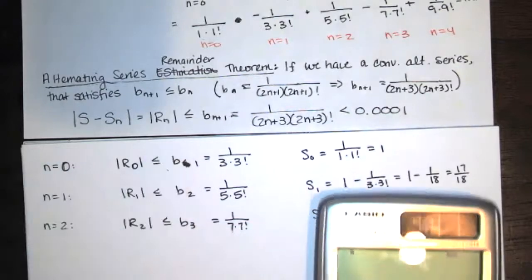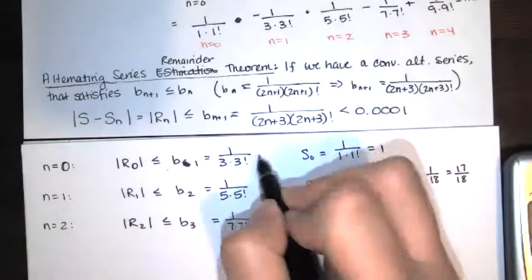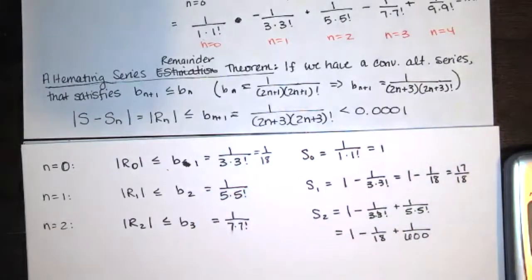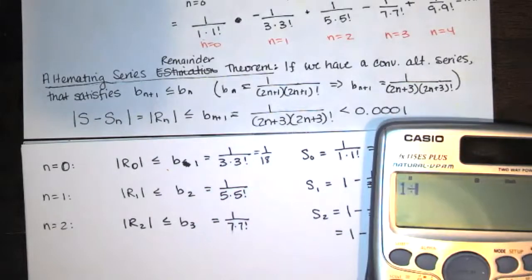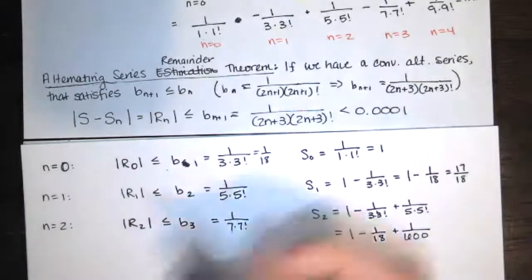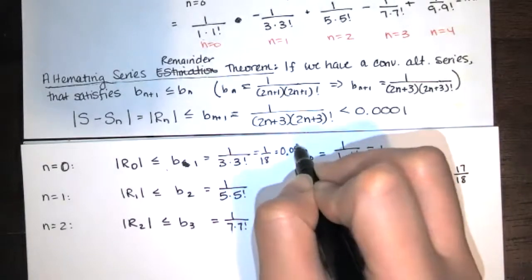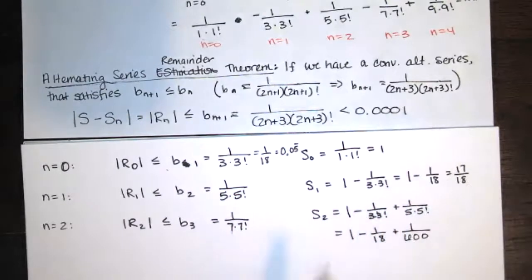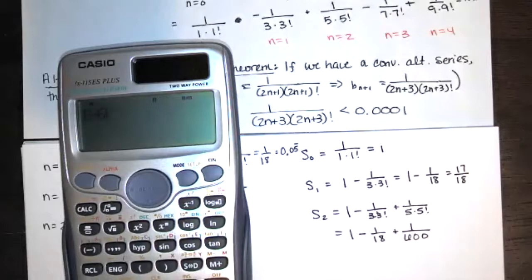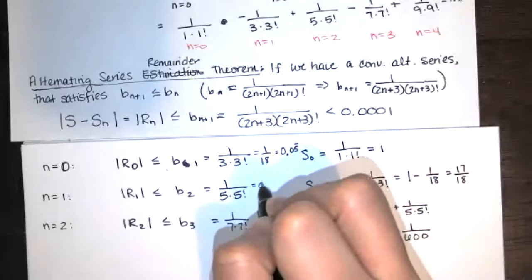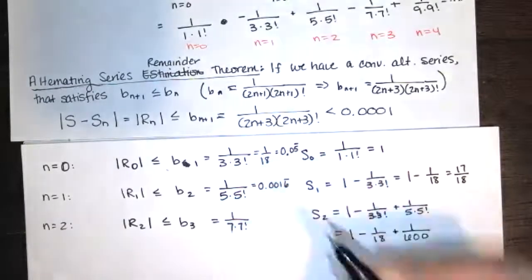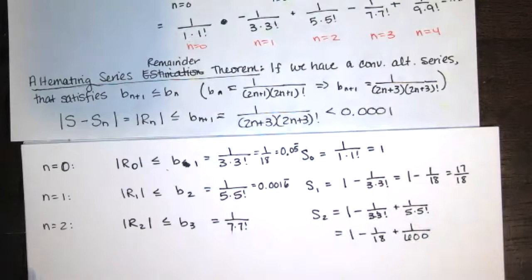So we'll just evaluate those expressions now. Well, we just said that this was 1/18th. So let's see how small 1/18th is. It's exactly 0.05 repeating. That's greater than that. Okay. And then I've got 1 over 600 here. That's 0.0016, still larger than that.